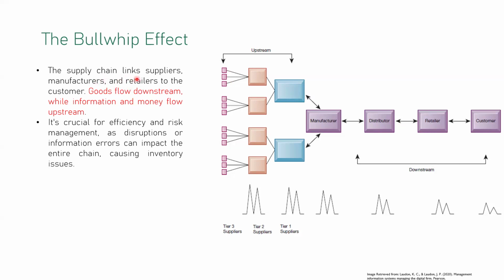The supply chain links suppliers, manufacturers, and retailers to the consumer, and the money flow, right? So it's crucial for efficiency and risk management. That kind of risk has to be managed. Disruptions or information errors, unusual patterns, can impact the entire chain, right? Domino effect, causing inventory issues, overflowing inventory.